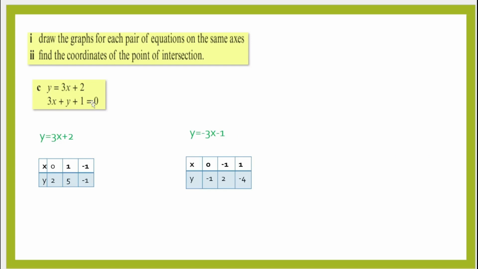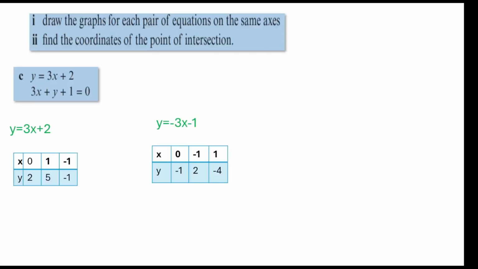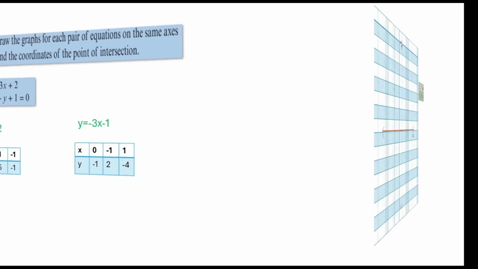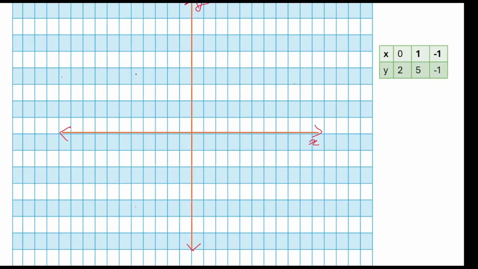Now let us try to draw the graph of a given pair of linear equations and try to find the point of intersection. Here are the steps for sketching your graphs. First of all, try to find out the corresponding coordinates of each graph. Now plot the x and y axis.